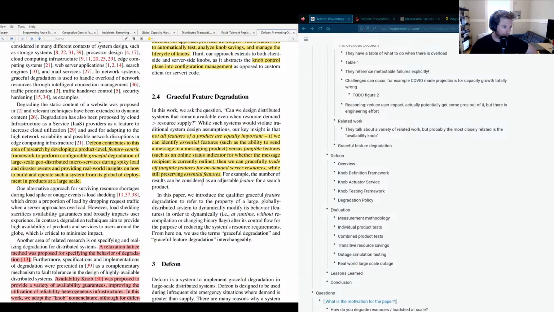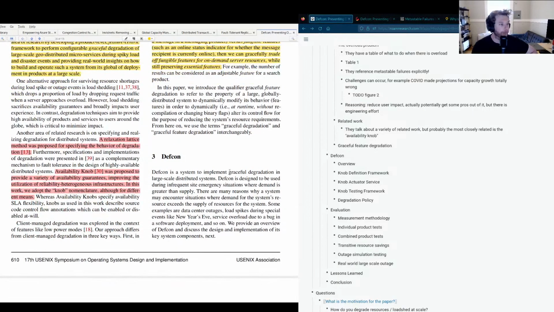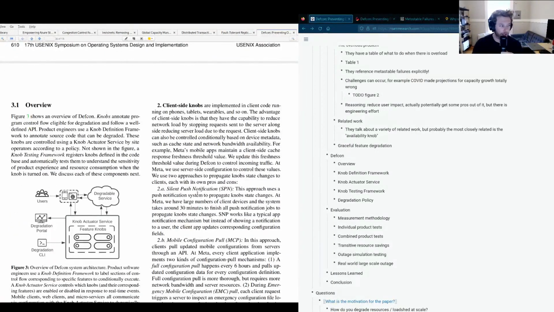Okay. For example, the number of results can be considered as an adjustable feature for a search product. Interesting. Okay. So now they talk about how Defcon actually works.